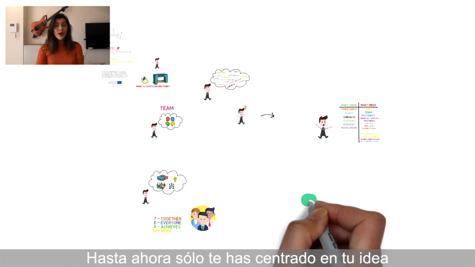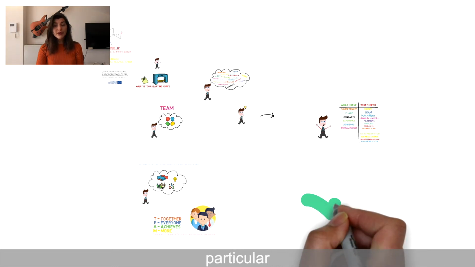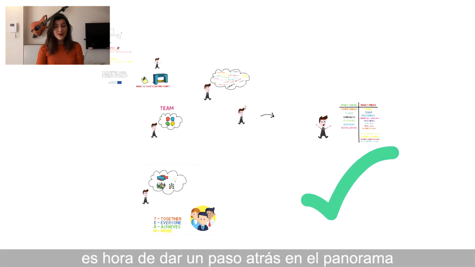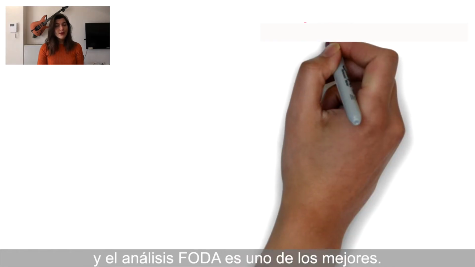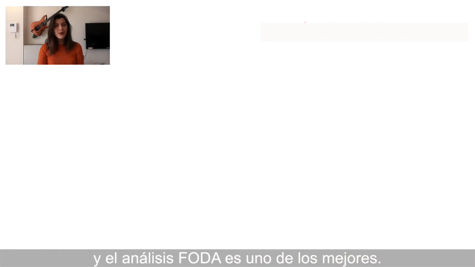Till now, you have only focused on your particular idea. It's time to step back to the big picture. You need to understand your enterprise together with the environment. It seems already too much. It doesn't if you know some easy tricks of the trade. And SWOT analysis is a great one.